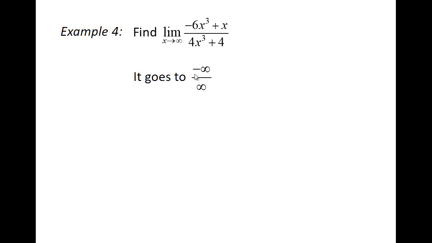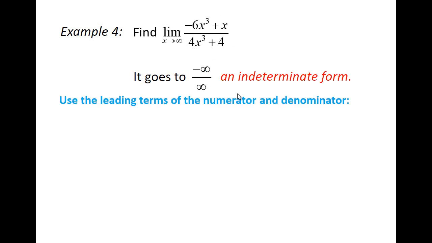Now, before I move on, if you look at the limits, ignoring the lower order terms here, if you just look at the leading terms, when x goes to infinity, the numerator goes to negative infinity. When x goes to infinity, the denominator goes to positive infinity. So again, I'm ignoring these two terms. So this is an indeterminate form. So how do we find the limit?